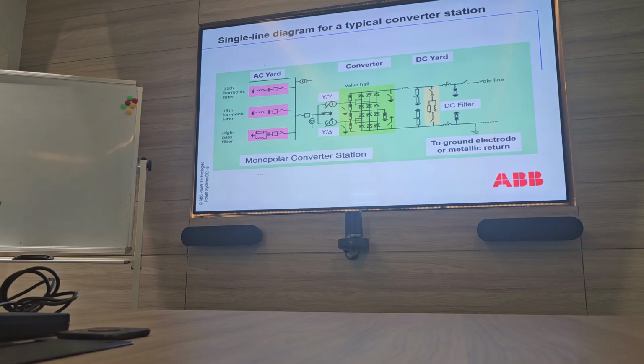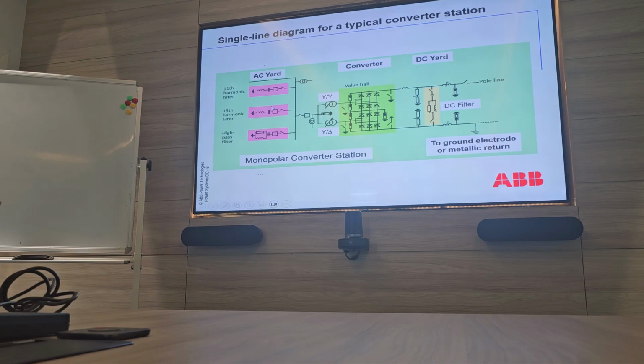And this is for converter transformers. Then this is the valve, and this is the DC side, DC filter and everything. So here the converter transformer is connecting the AC phases to the valves. And you know the filters, correct? Harmonic filters.